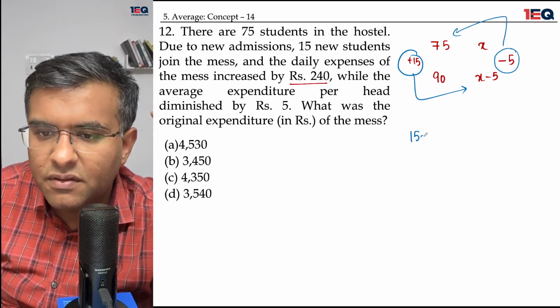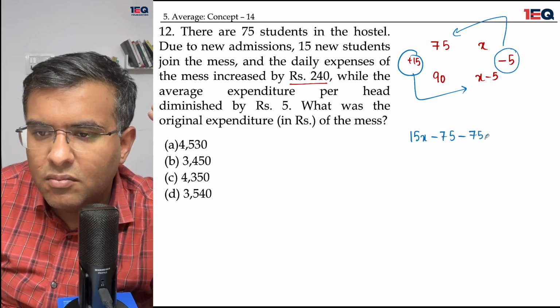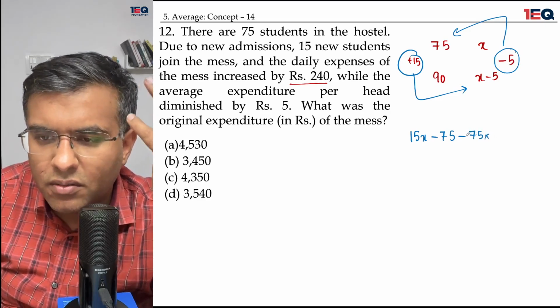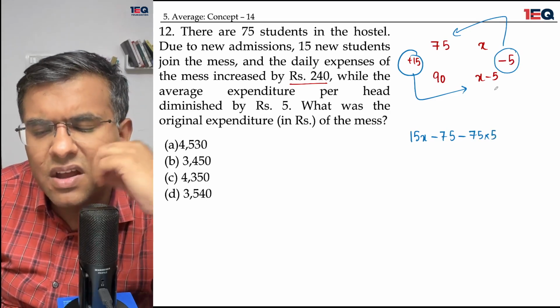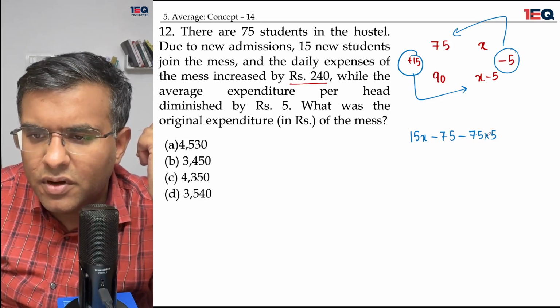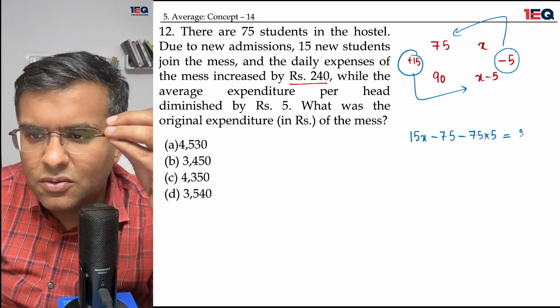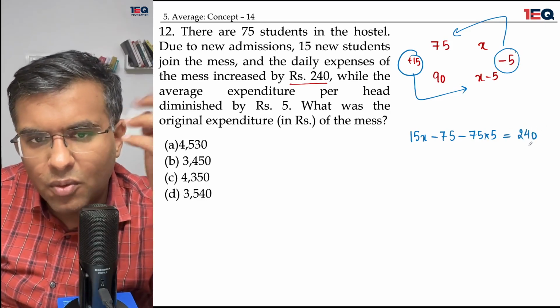So we have 15x minus 75 multiplied by 5. I've already accommodated for the negative sign, and this thing all adds up to 240 rupees, which brought in the change.